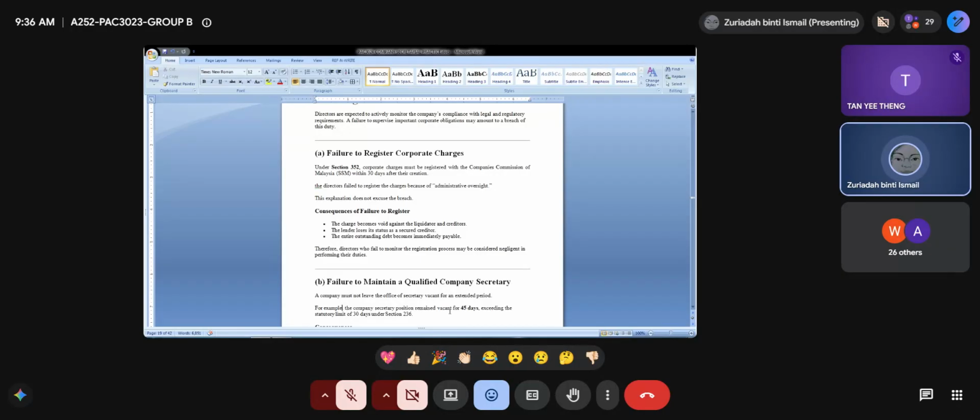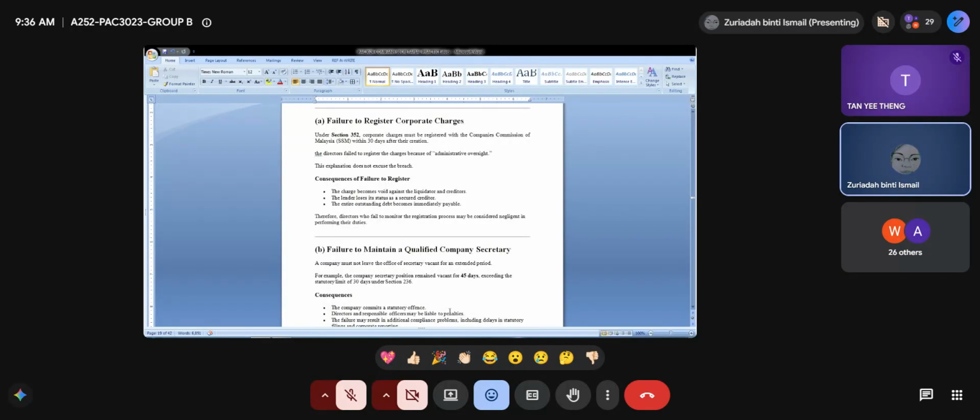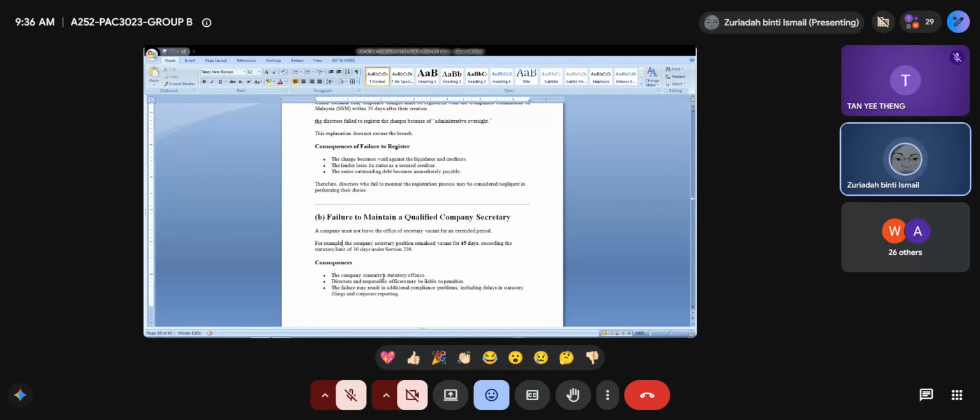This is exceeding the statutory period or statutory time frame. So the consequence is that the company will be committed to a statutory offence. The director is personally responsible and the failure may result in additional cost of compliance.